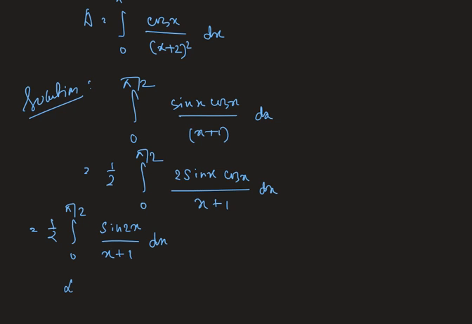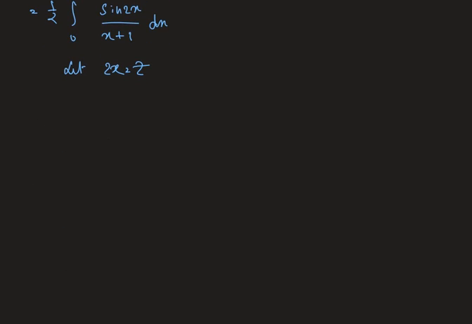Now let 2x equal z. Therefore 2 dx equals dz.